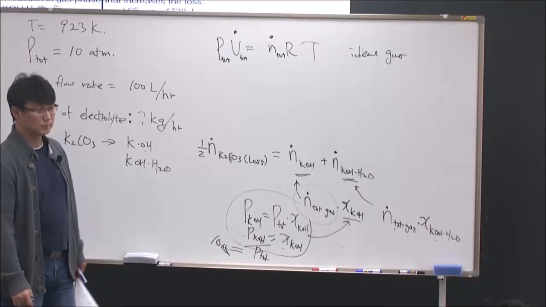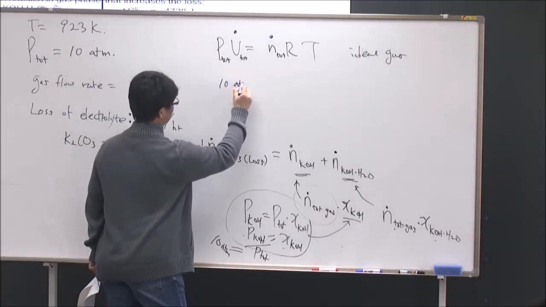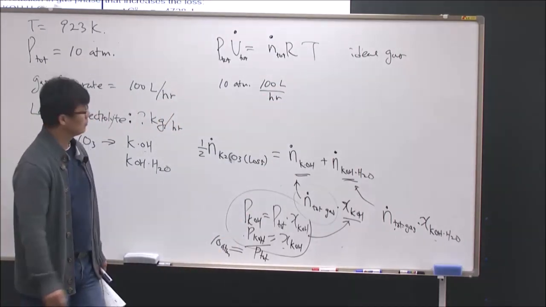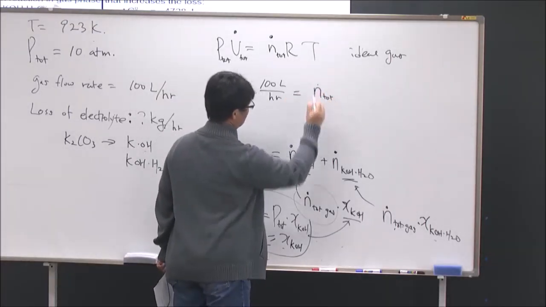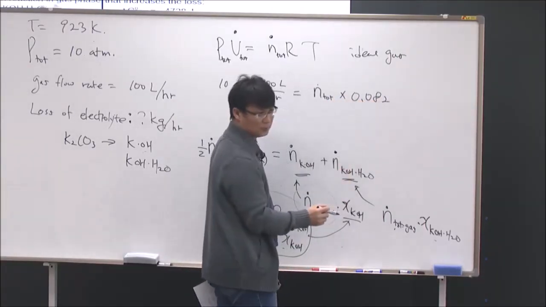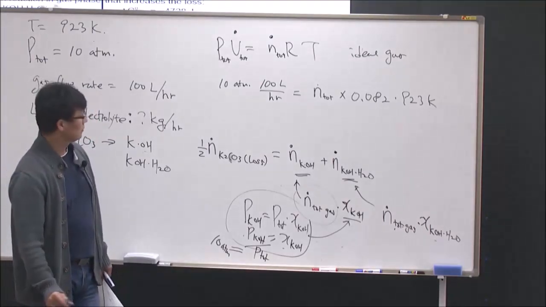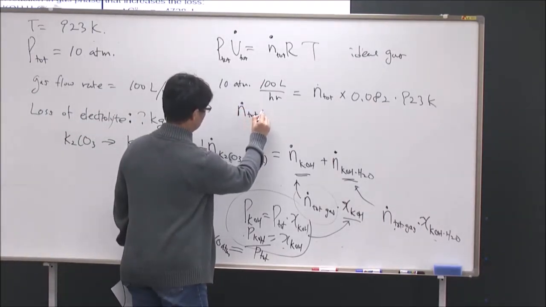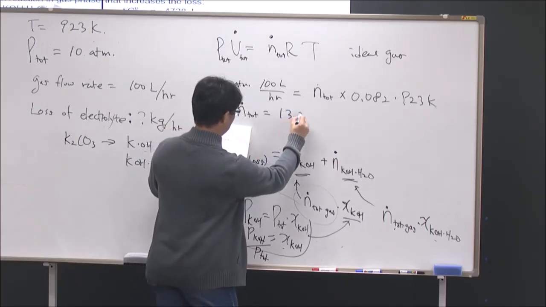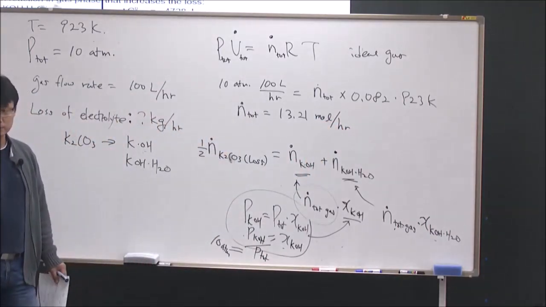So P total 10 atm, V 100 liter per hour, equals N total per hour, which we don't know, times the gas constant times T. Then you get N total, which is 13.21 mole per hour.